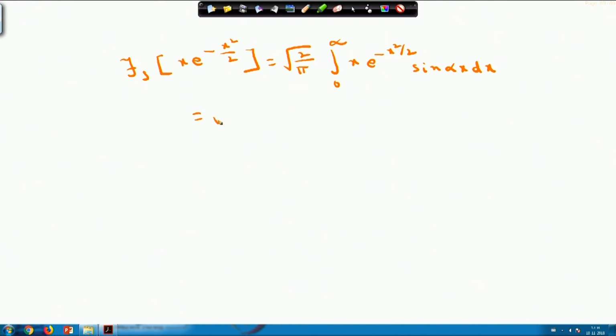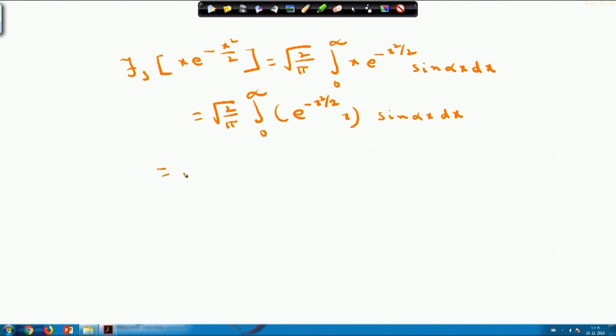So, root over 2 by pi will be outside, integral from 0 to infinity. I can write it as e^(-x²/2) into x within brackets into sin(αx) dx.